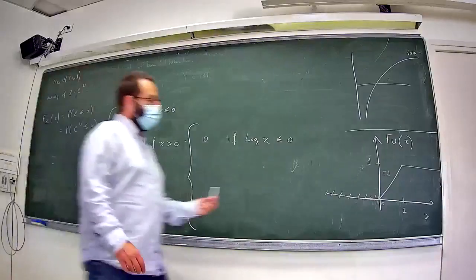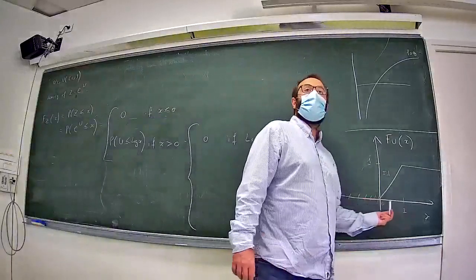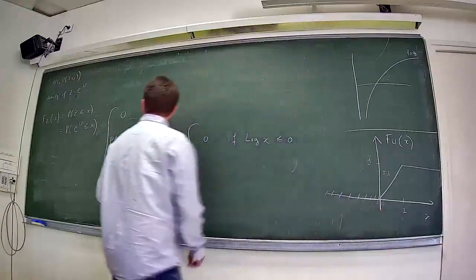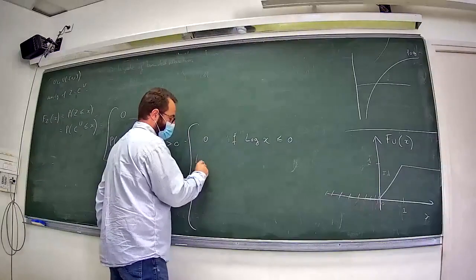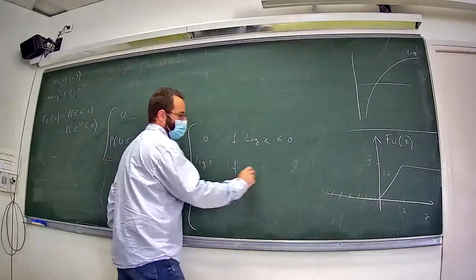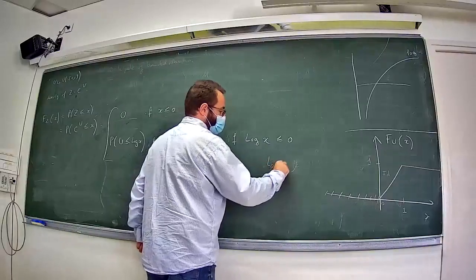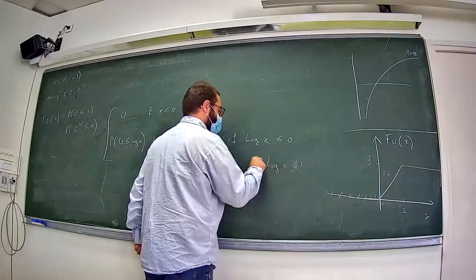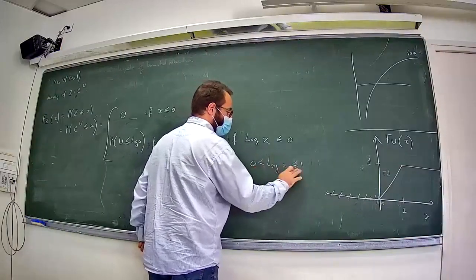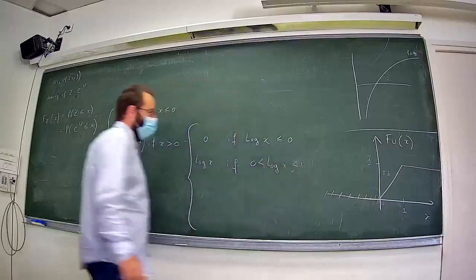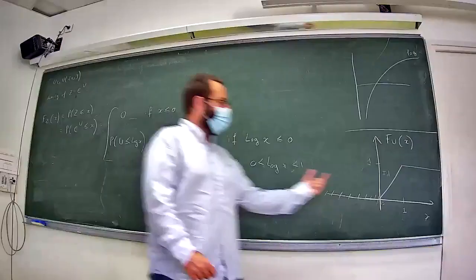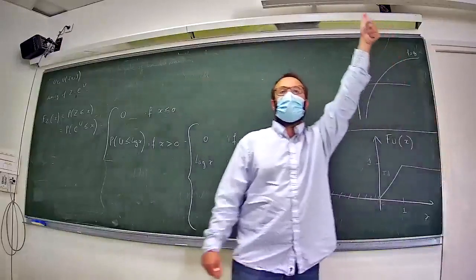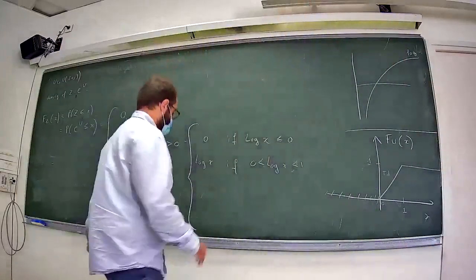Now, if the logarithm is between 0 and 1, this is just equal to the logarithm itself. I can put it straight because I have continuity here. And in the other case, if the logarithm is greater than 1, my value is 1.